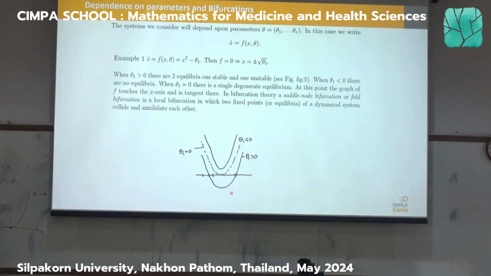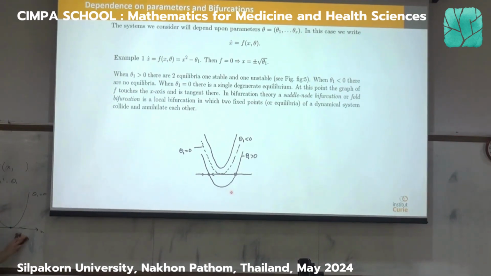Okay? So this is positive, so I go in that direction, and this is positive. So what I want to do is when I put theta 1 positive, then I want the curve to go down.